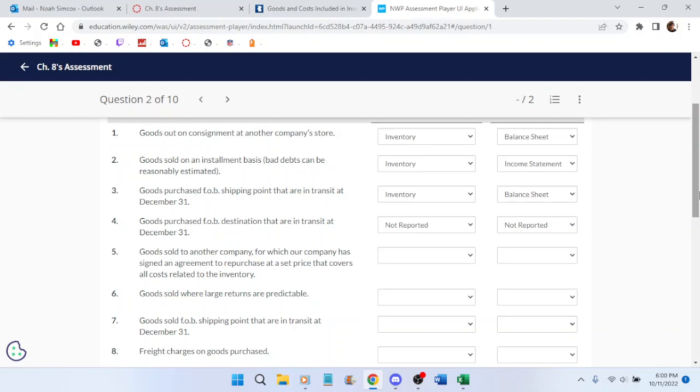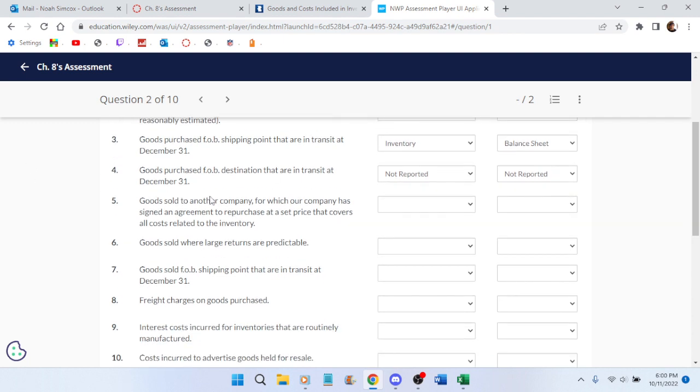Let me think about this one more. You sold them to another company, but we have agreed to repurchase them. Would we report it as inventory though? Yeah, but we sold it to the other company already. So doesn't that mean it's not reported?